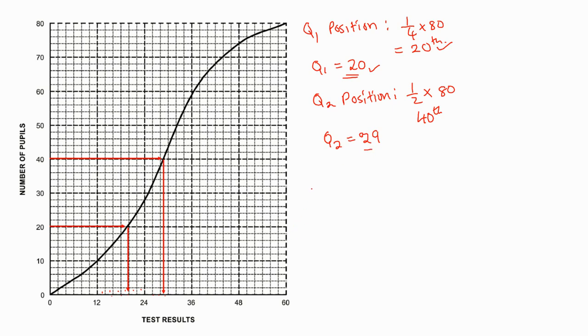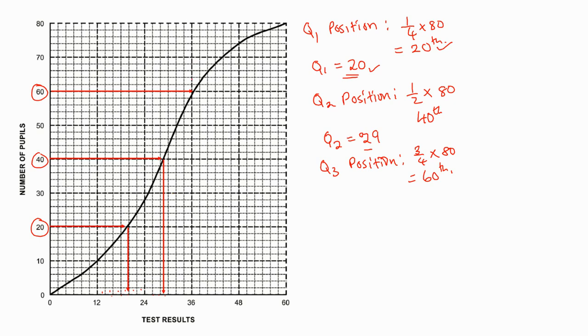And then let's do the upper quartile position. Right, it's going to be 3/4 of 80. Right, then this gives us the 60th position. The 60th position, then we go there to the 60th position. Let's see, this is the 20th position, the 40th position, the 60th position.